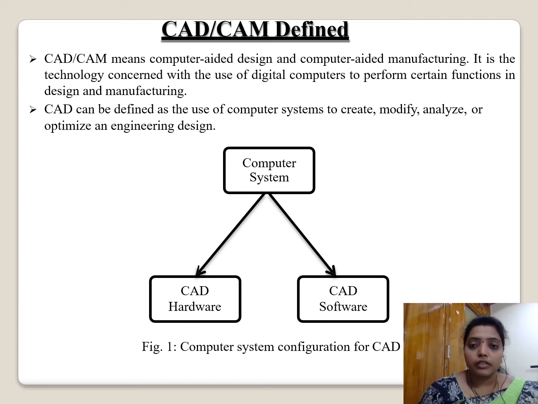Now let us start our session. First of all, we will see what CAD is, what CAM is and how they can be defined. CAD CAM means computer aided design and computer aided manufacturing. It is the technology concerned with the use of digital computers to perform certain functions in design and manufacturing.